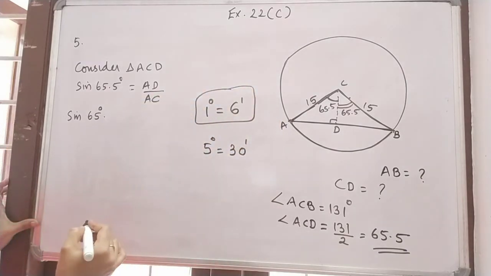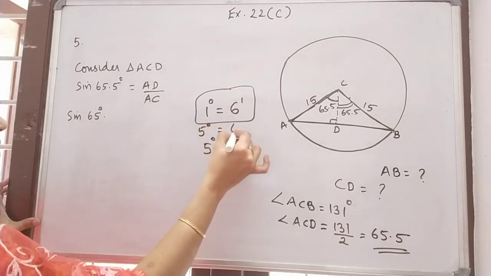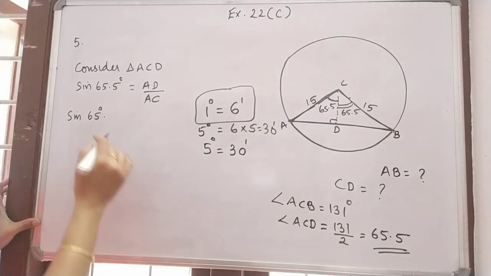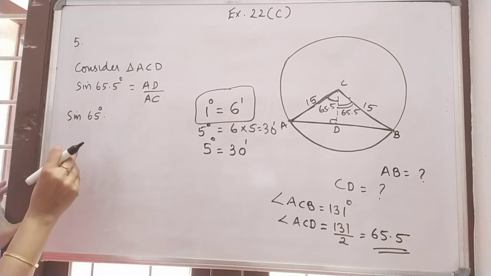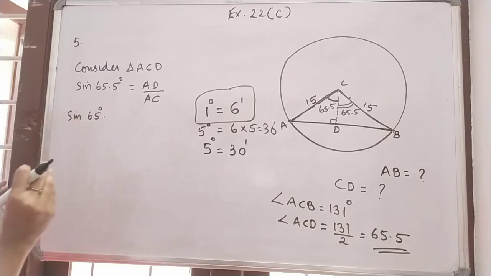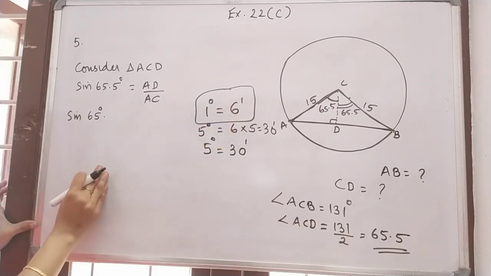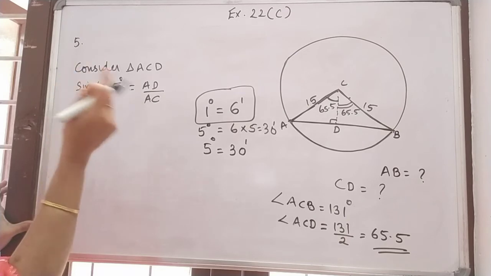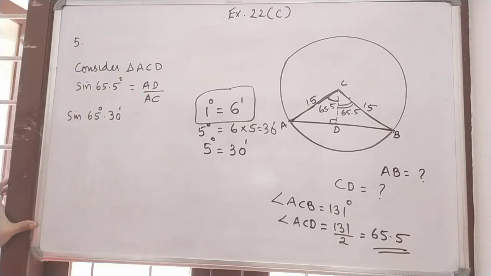So 0.5 degree will be 30 minutes. So 65.5 degree we can write as 65 degree 30 minutes.